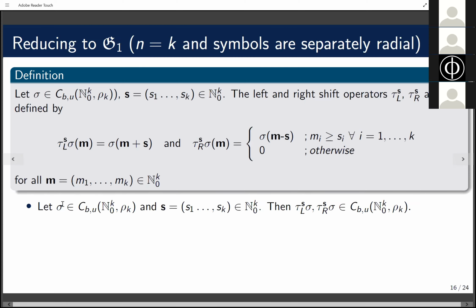Now we have that if sigma is in CBU, and we take any k-tuple, and take left shifts and right shifts of sigma with respect to this k-tuple, they're still going to be in CBU.